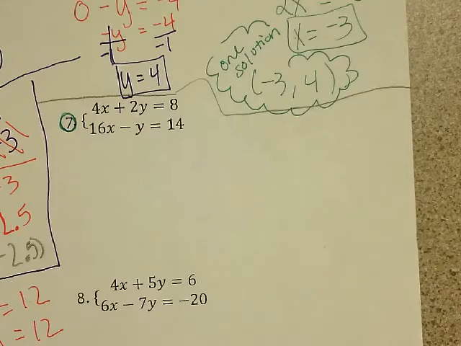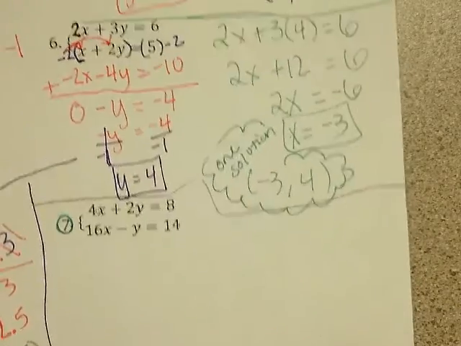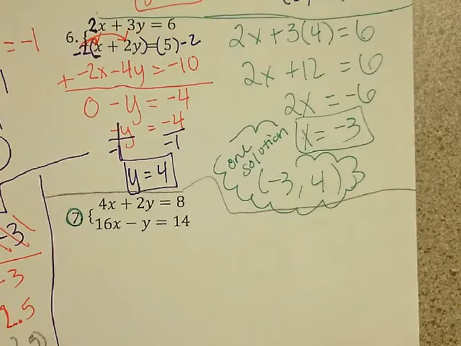I thought we get to read the problem. This is number 6. Number 7. I know. I was asking Bree. But you can pick either one to multiply, right?